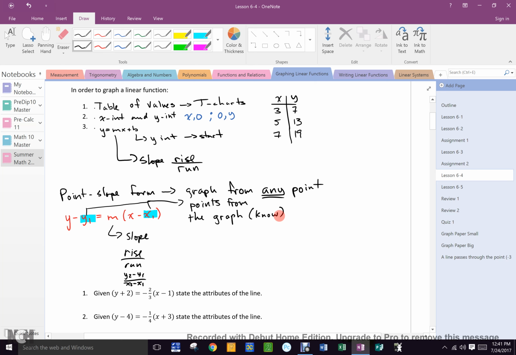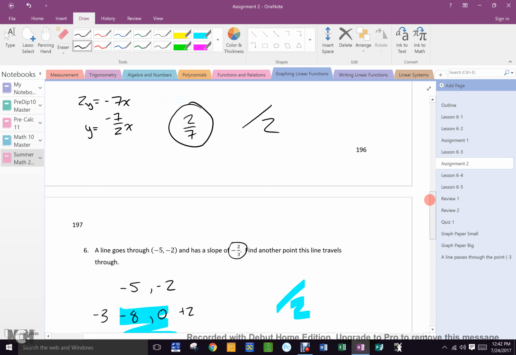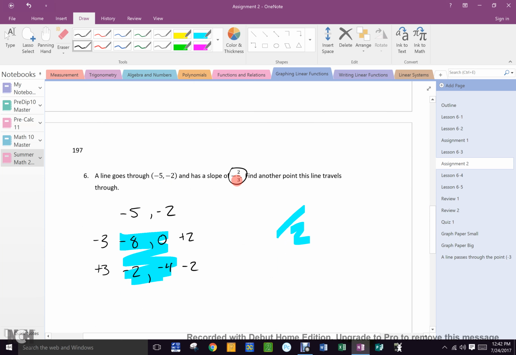So if I tell you that my line, and we're going to use the question that we just did 2 seconds ago where we had a point. The point was (-5, -2), correct? On that assignment we just did, right? That was our point, and our slope was -2/3, wasn't it? From the assignment we just did, right? There's the assignment. There's the point. There's the slope. Everybody remembers this from 2 seconds ago, right?